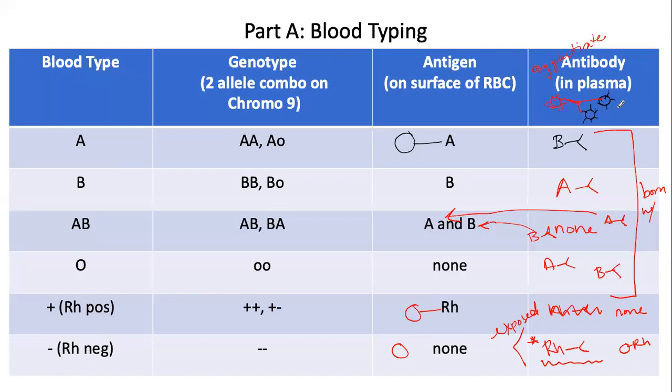So the first time you encounter a foreign bacteria or virus, it takes about 14 days to have a full immune response. That includes making your antibodies and your whole cavalry, your white blood cells coming in, et cetera, et cetera. The second time you come in contact with a foreign antigen, a bacterial or viral antigen, you're going to have a full antibody and immune response within 48 hours.